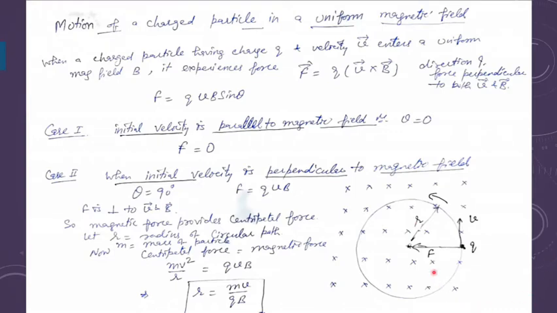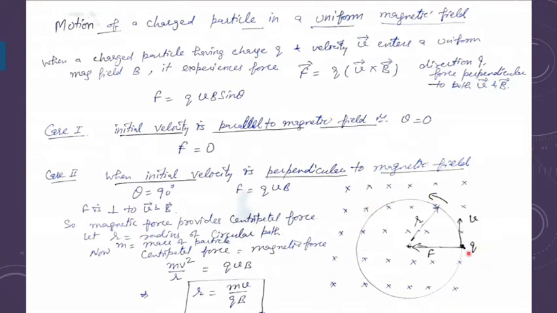So it moves along a circular path, but which side it moves will depend upon whether the magnetic field is inward or outward. If the velocity is perpendicular to the magnetic field, the particle moves along a circular path, and theta is 90.